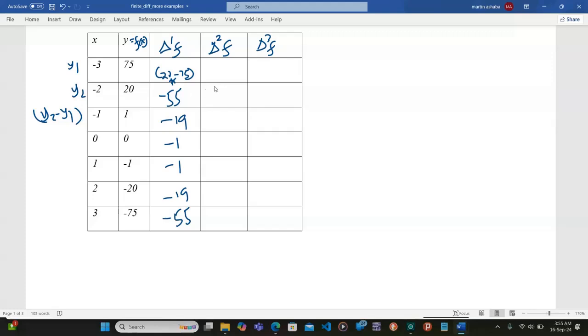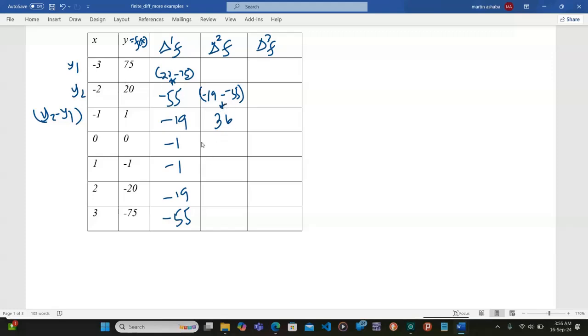So the second difference here is going to be this minus that. So negative 19 minus negative 55, what does that become? I'm going to have 36. So 36, remember I'm writing it down here.